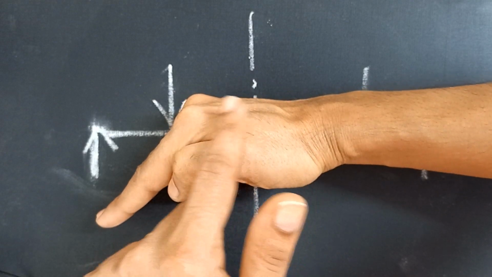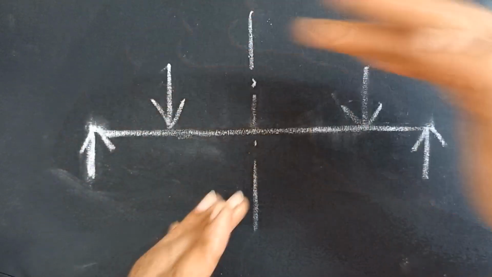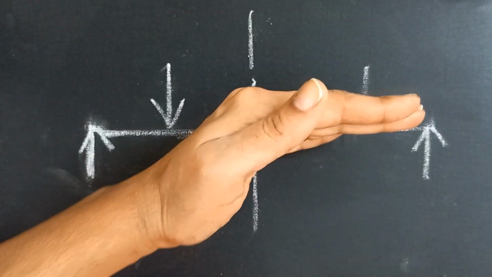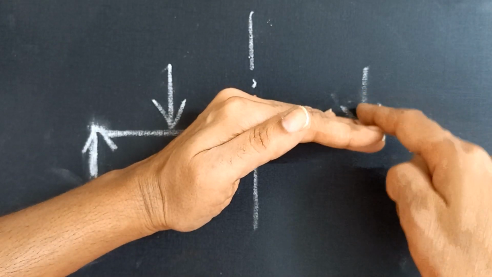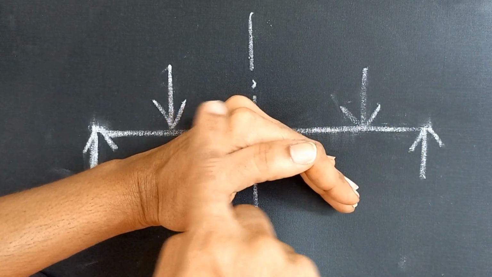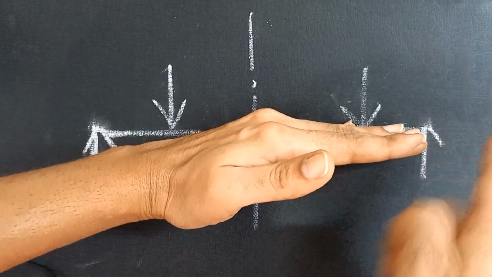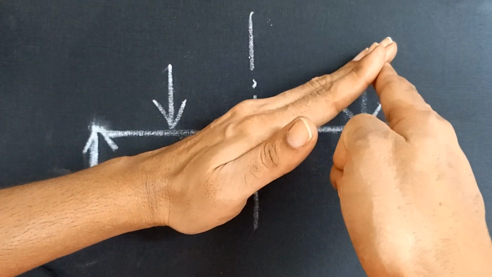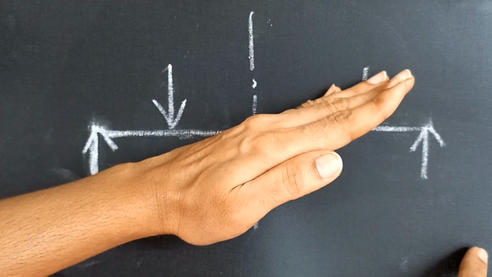So we will get a hogging effect. So it can be taken as negative. And this side, this is a downward one. So move it downward. We are getting a hogging effect. And this one is an upward one. So see, we are getting a sagging effect. So it can be taken as positive.